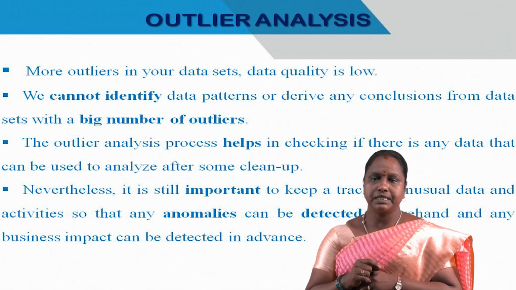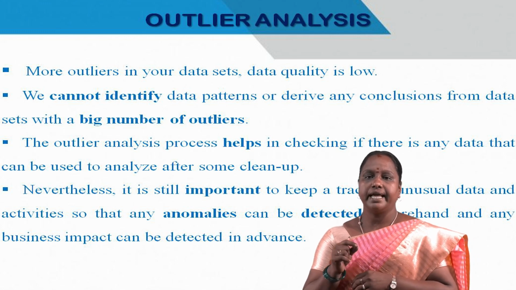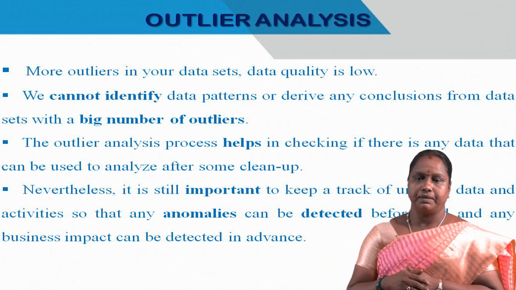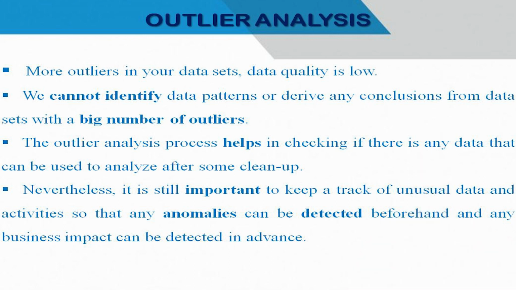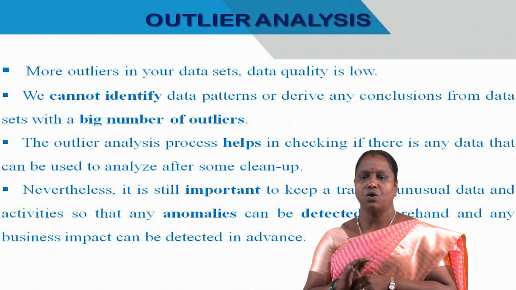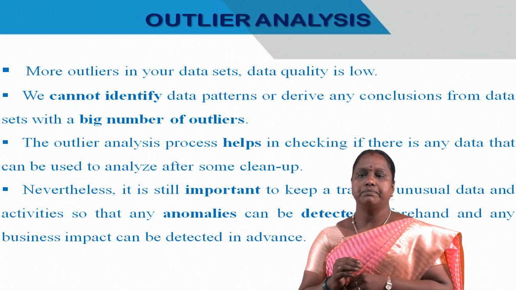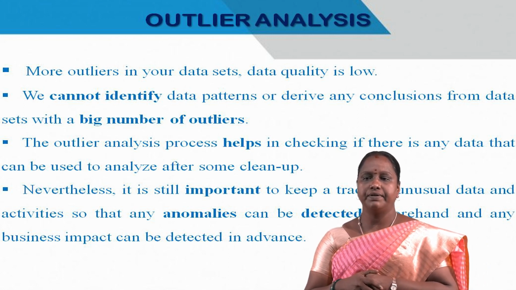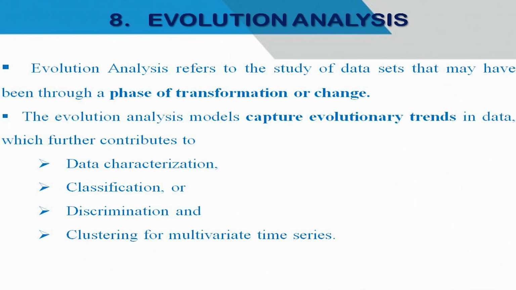In most cases, outliers are data abnormalities. Still, it is important to take note of each, so unusual activities or events that trigger a business impact can be detected well in advance.